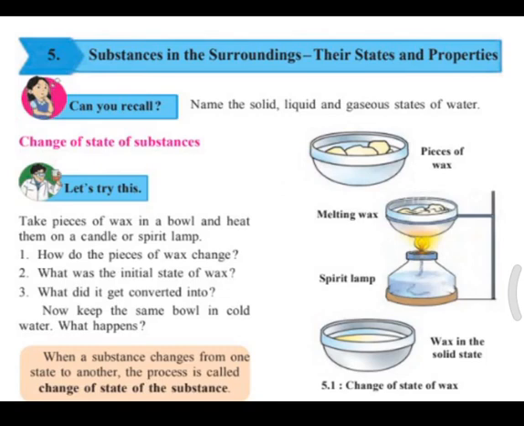Thus, when a substance changes from one state to another, the process is called change of state of the substance. Once again, I'll repeat. When a substance changes from one state to another state, like in this example, the wax changed from solid to liquid state, such a change is called the change of state of the substance. Okay, children?